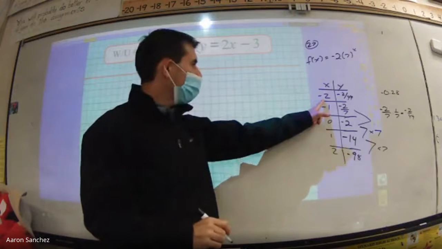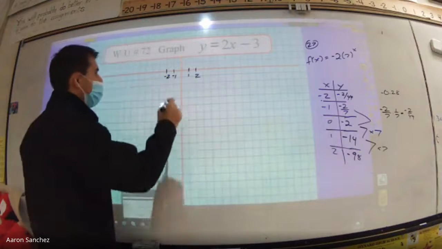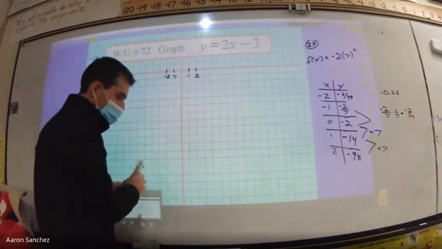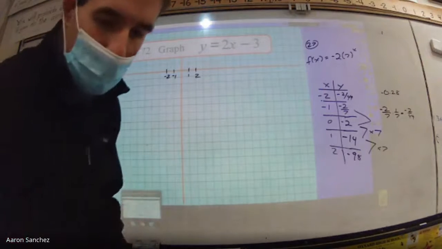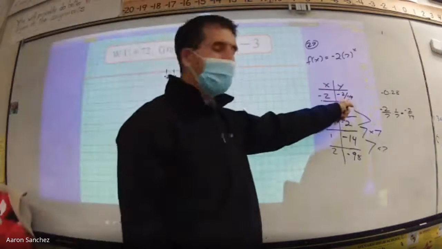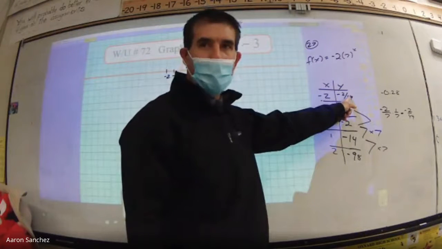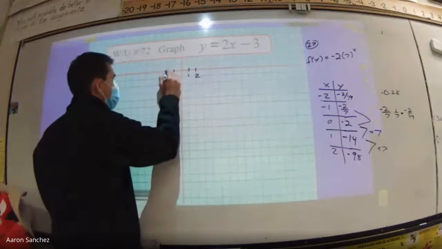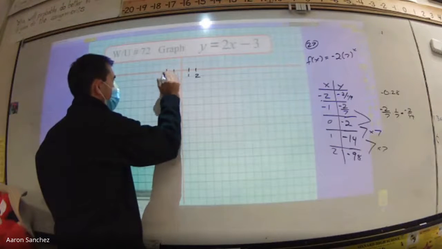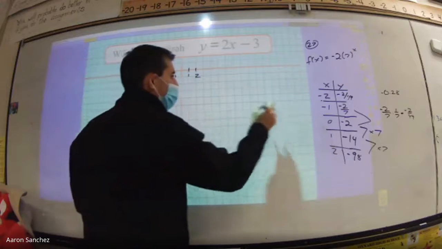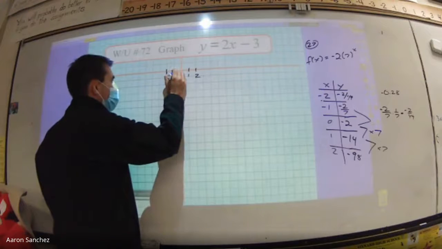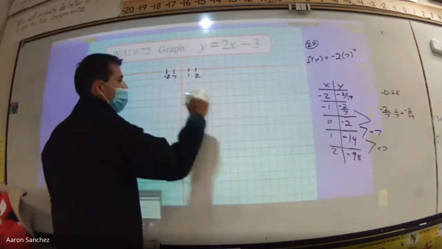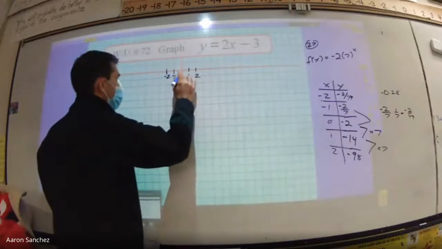Basically, -2 over 49 is going to be very close to 0. It's going to be right here, as close as you can get. And then -2 over 7 will also be very close. And then when we get to 0, we're going to get -2.